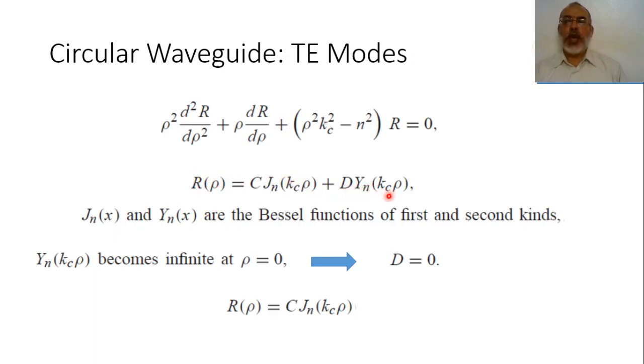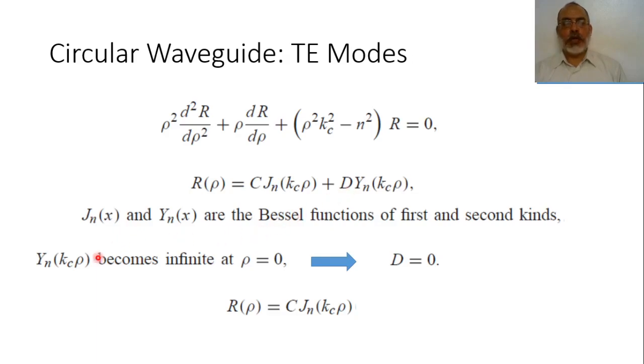This means that we have infinite magnetic field at the center of the cylindrical waveguide, which is not physically possible. So due to the finite field at the center of the circular waveguide, the coefficient of the second Bessel function must be 0.